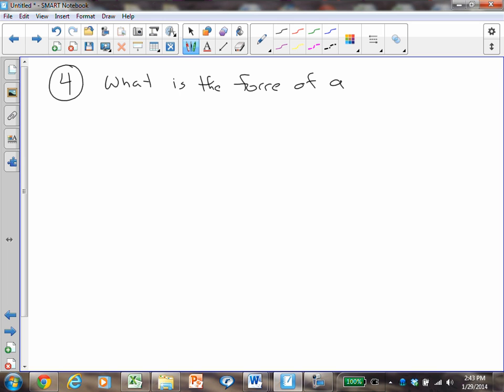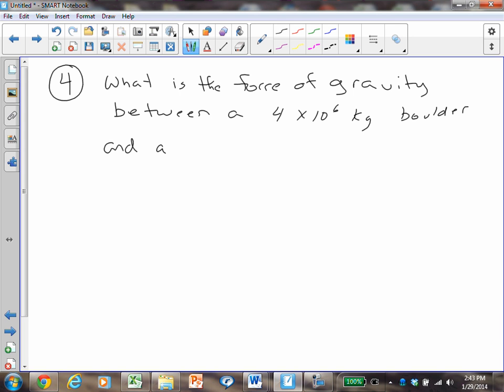The force of gravity between a 4 times 10 to the 6 kilogram boulder and a 200 kilogram grizzly bear, 50 meters apart.